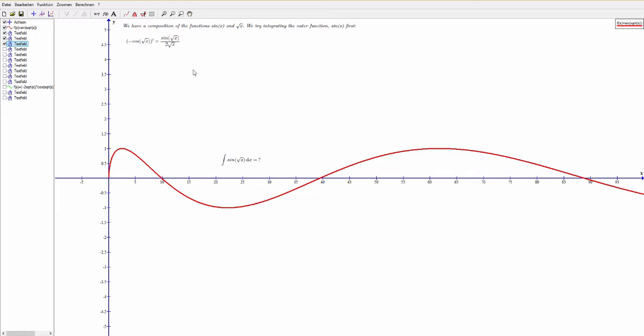And the next thing we think about is, can we get rid of this factor, this 1 divided by 2 times square root of x? The first guess would be, what if we simply multiply this function by 2 square root of x? Of course, this strategy would normally never work, because then you have to take the derivative of the resulting function, 2 square root of x times minus cosine of square root of x, with the product rule.